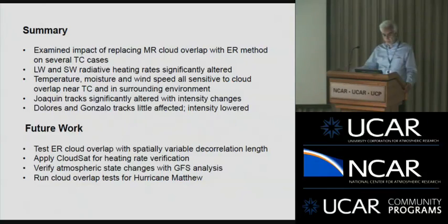We will be working on verifying some of these atmospheric state changes with the GFS analysis. And finally, I'd like to suggest that running cases for Hurricane Matthew might be interesting, since that case was obviously very difficult for many of the models to predict.